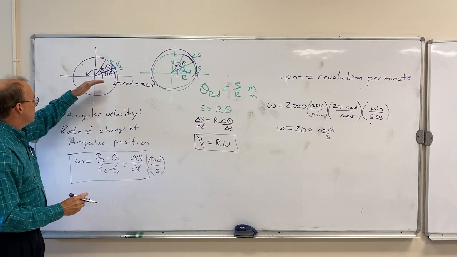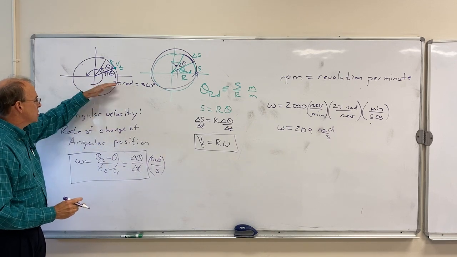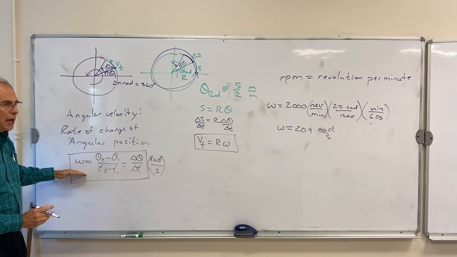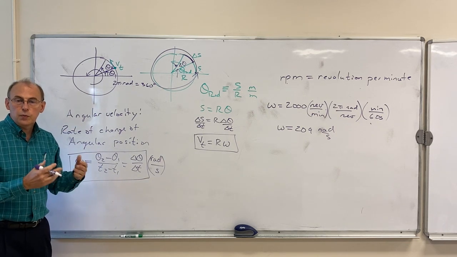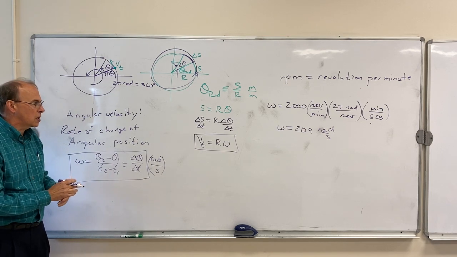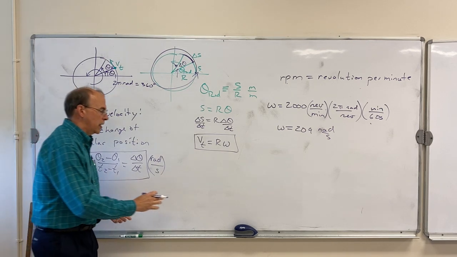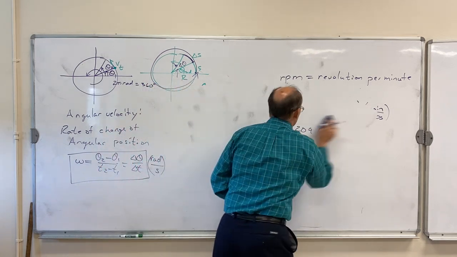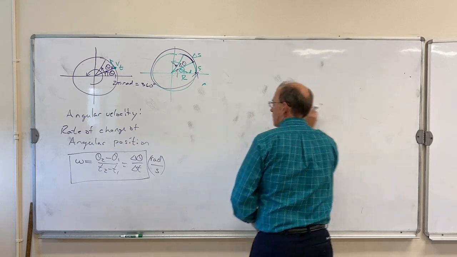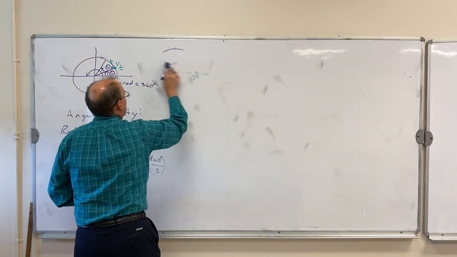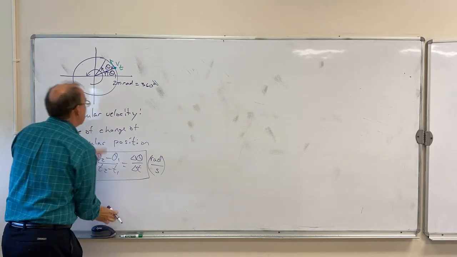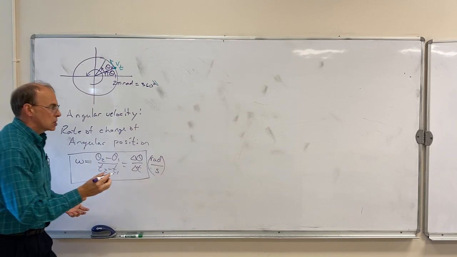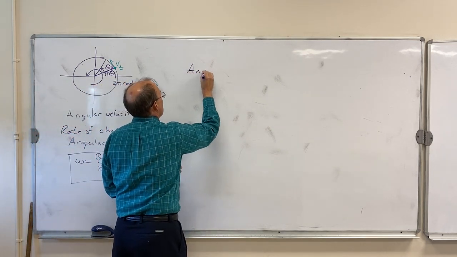Now, so we've seen position, theta, angular velocity, omega. We also, when we were first learning our physics, we learned about something called acceleration. There's also an angular acceleration. So if our disk is speeding up or slowing down, then omega is changing. So we can have an angular acceleration.